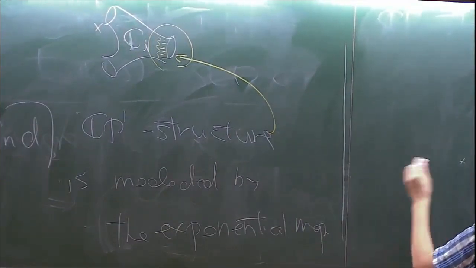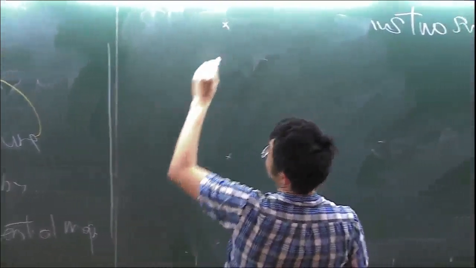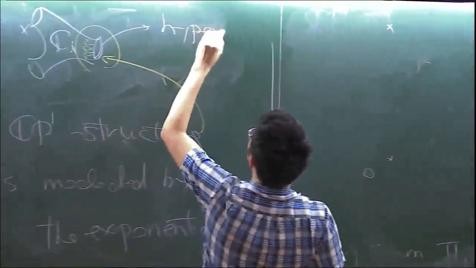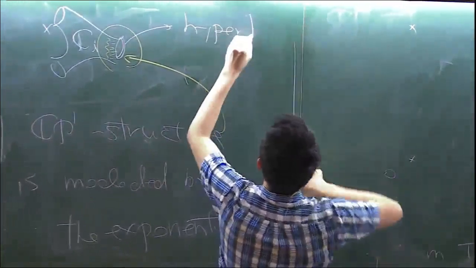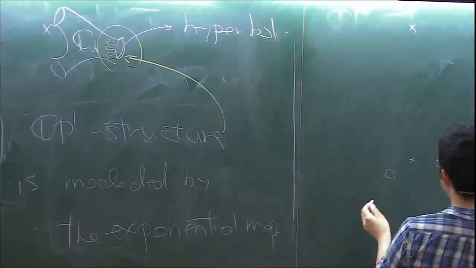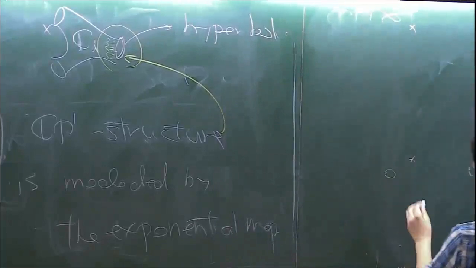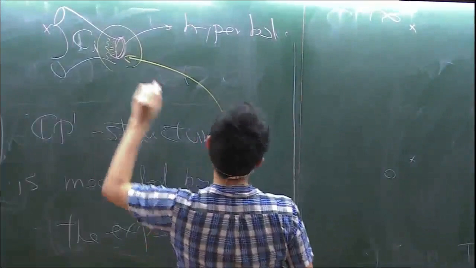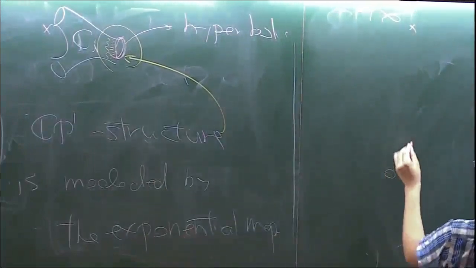If you normalize appropriately, the boundary loop is hyperbolic, so it has two fixed points, 0 and infinity. This boundary component loops spiral toward them.